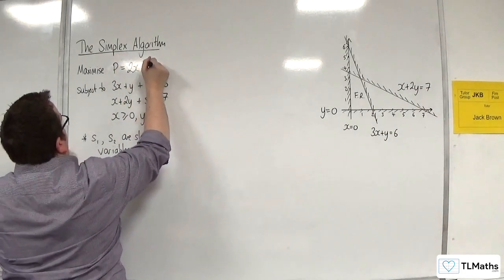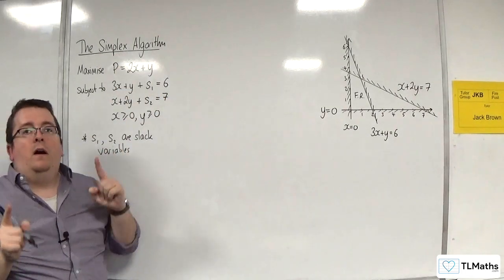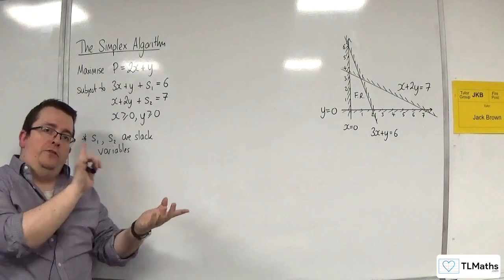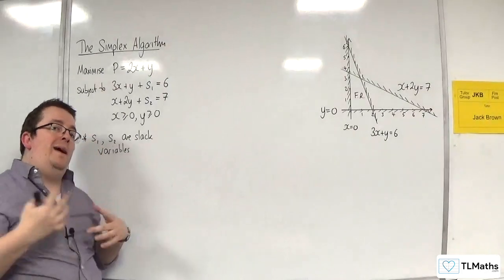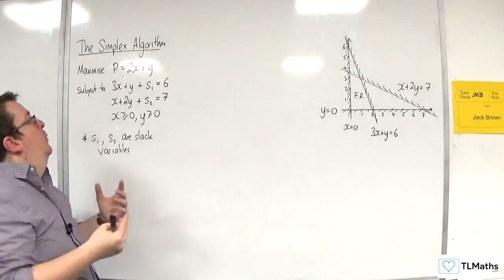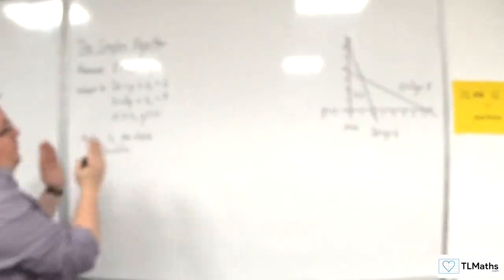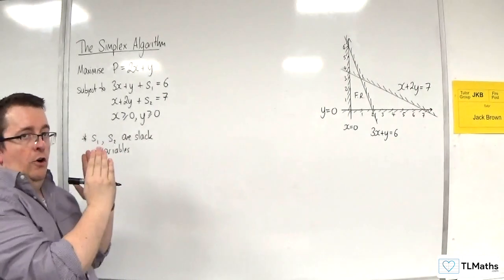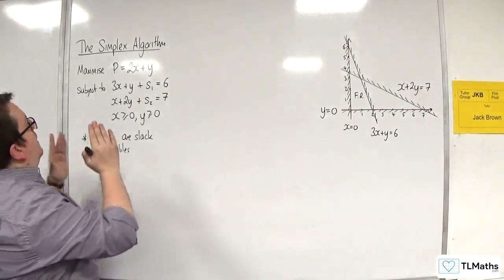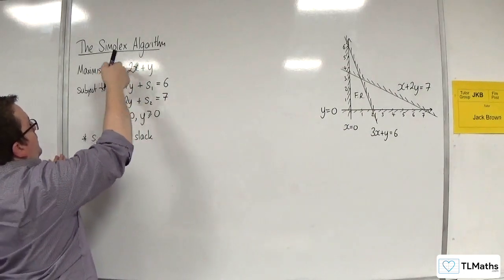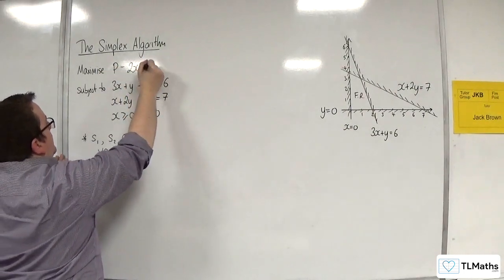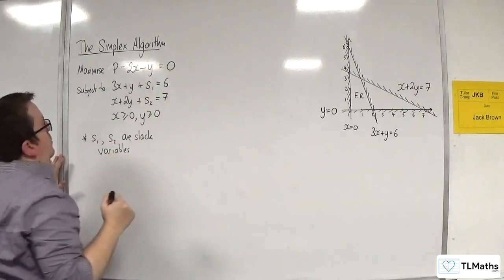But I'm also going to do something with that as well. I am going to put it in what's referred to as the standard form, which is to move all of the variables onto the left-hand side of the equation. So I make sure that I take 2x and y from both sides and put it equal to 0.